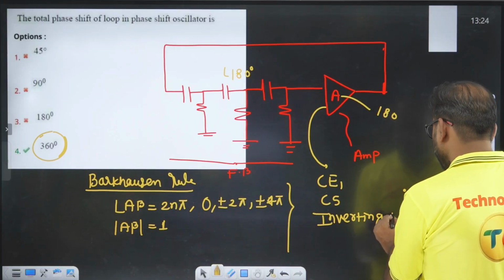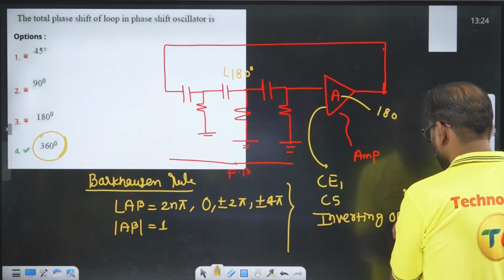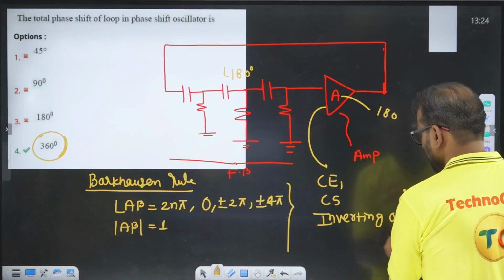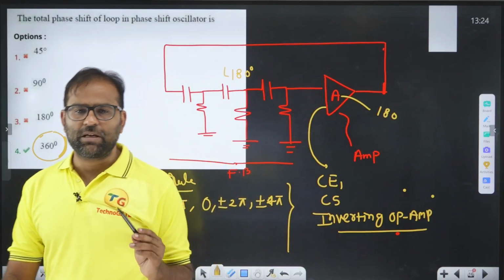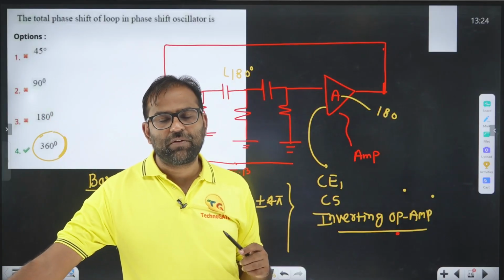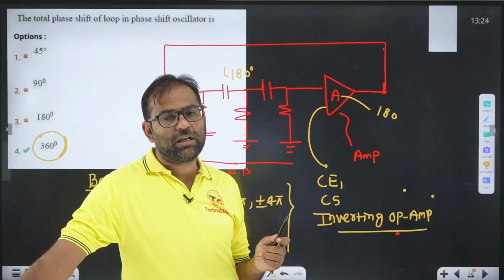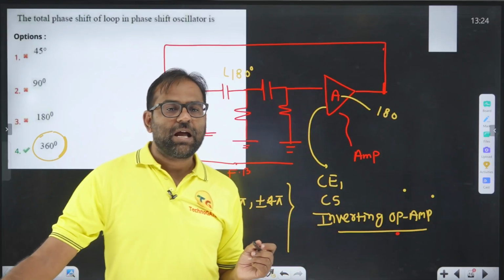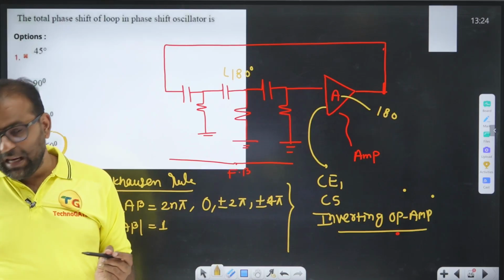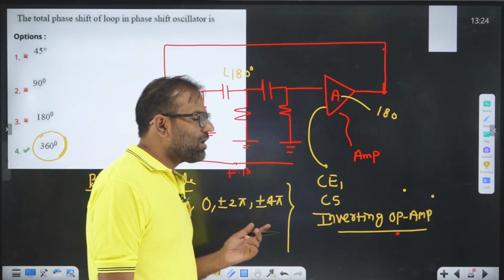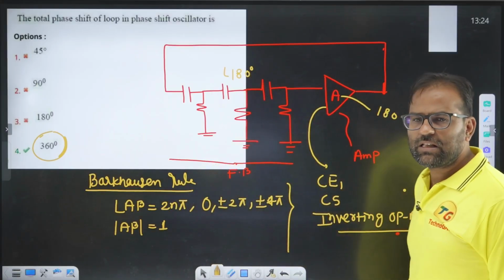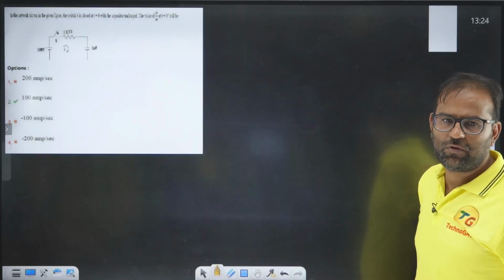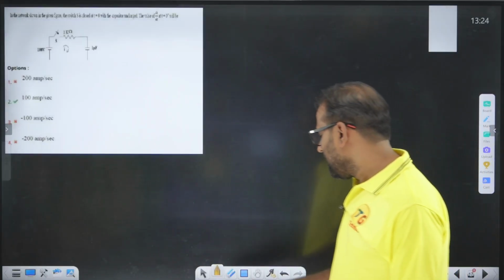The choices for amplifier are common emitter, common source or inverting amplifier. All three fall in the same category. All three are inverting amplifiers, and the total phase shift will be an integer multiple of 2 pi. So this is the criterion for any oscillation. For all oscillators it is correct.